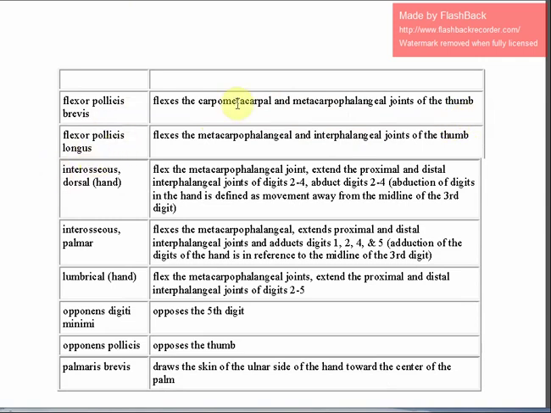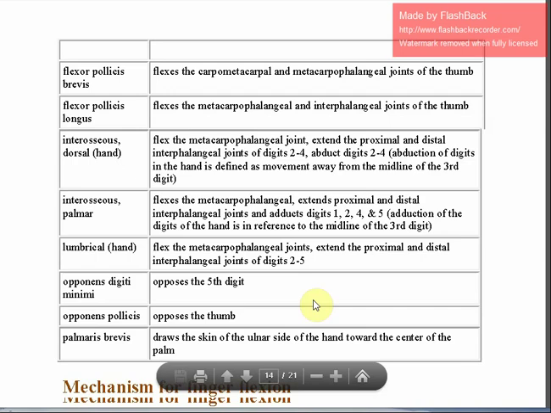Flexor pollicis longus flexes the metacarpophalangeal and interphalangeal joints of the thumb. Interossei muscles, palmar interossei, lumbricals, opponens digiti minimi, opponens pollicis, and palmaris brevis. So you can read out the actions which they perform. So these are the muscles you have to keep in mind of the hand.